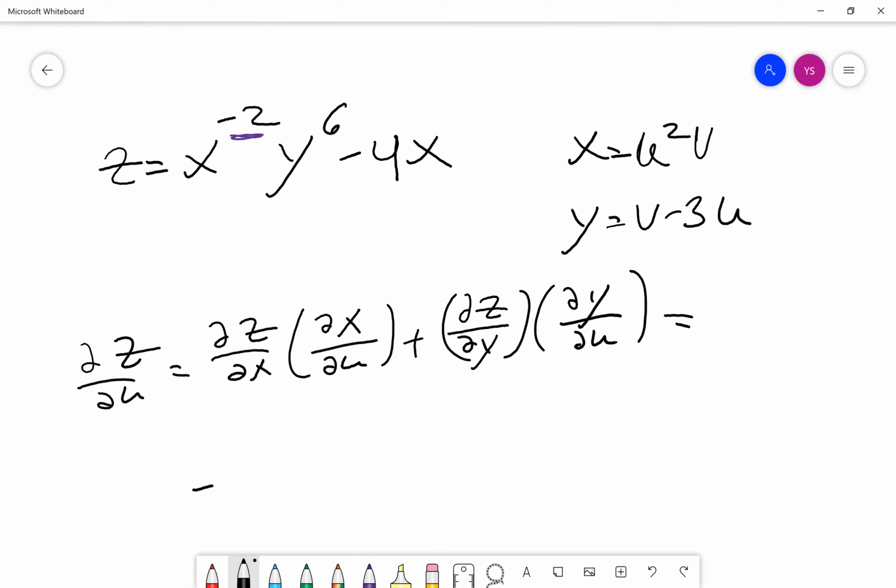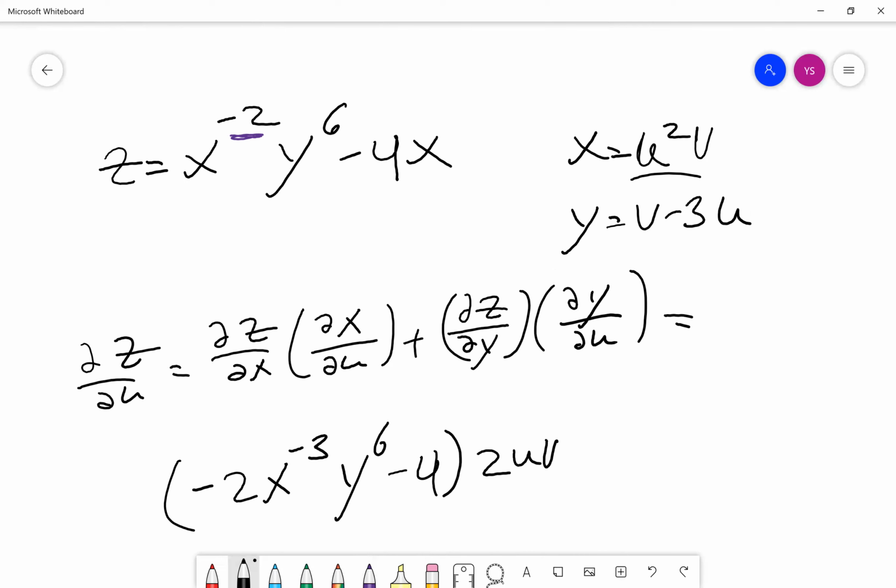So you get -2x to the -3, y to the 6th power minus 4. And then the partial of x with respect to u is going to be 2uv, plus the partial of z with respect to y is going to be 6x to the -2, y to the 5th power, times the partial of y with respect to u, which is -3.